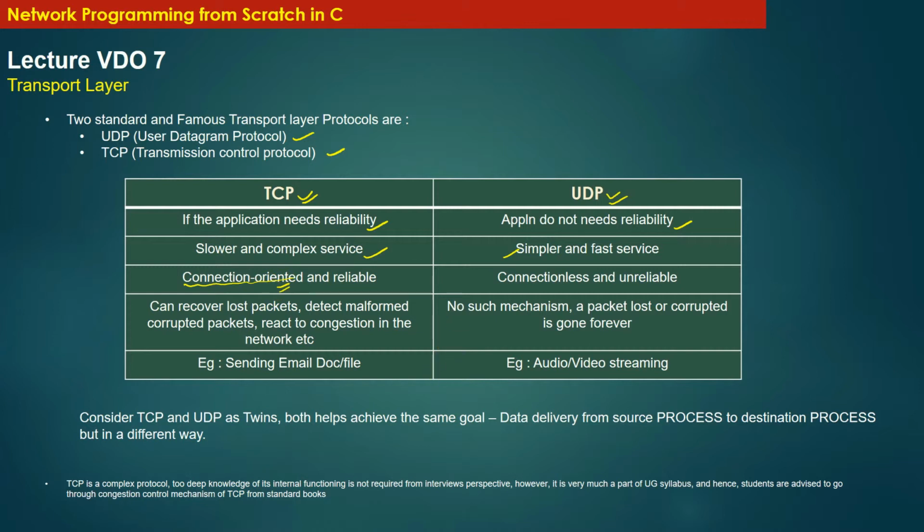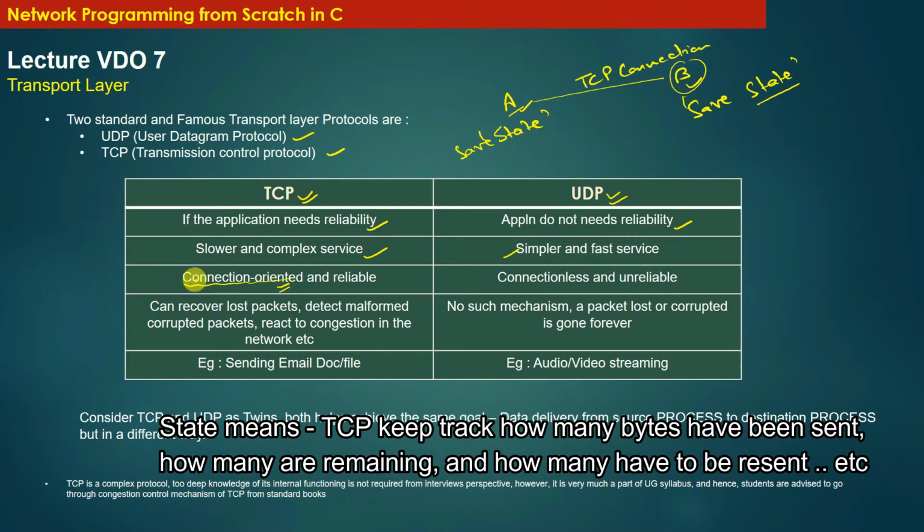Connection oriented means if source machine A is communicating with destination machine B using TCP protocol, then machine A will save the state of the TCP connection with machine B. Machine B also saves the state of the connection with machine A. So this is what we mean here by connection oriented protocol.